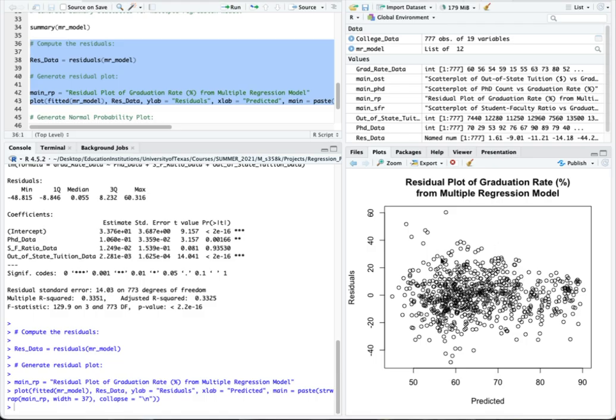There's approximately equal spread. There's a little bit of tapering from smaller to larger predicted values of the model, but this tapering isn't significant enough to warrant any sort of violation in the equal variance assumption.